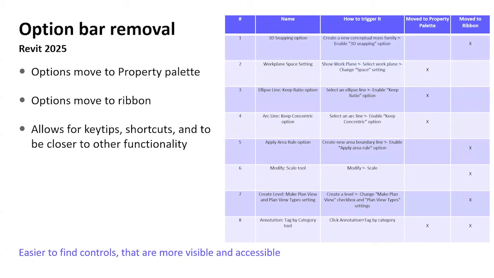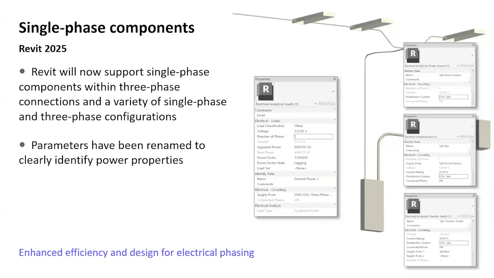Every time you create or modify anything, this is my little mantra, check your options. Some of the tools are going to be removed from the option bar and moved to the properties palette in Revit. Things like 3D snapping, work planes, ellipse ratios, arcs, area rules, things like that. You're going to find more features not in the option bar, but in the properties palette. That allows for key tips, shortcuts, and improved functionality overall.